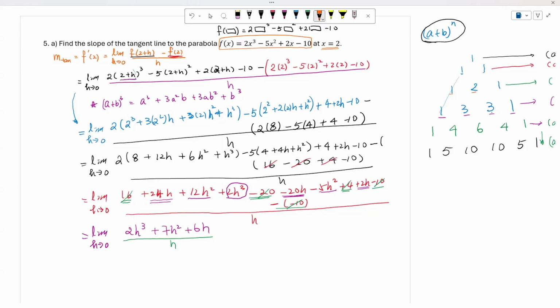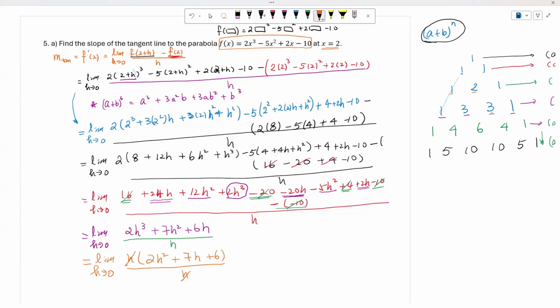And then now I could factor the h. So I will have 2h squared plus 7h plus 6 over h. Okay. H and h cancel.